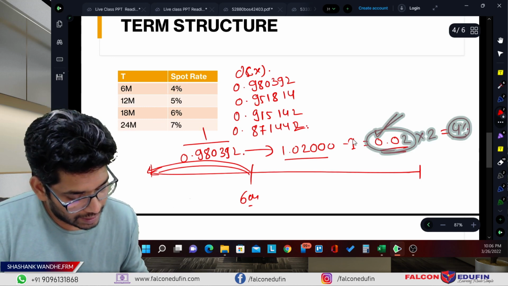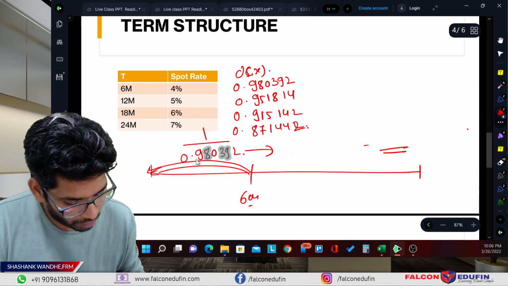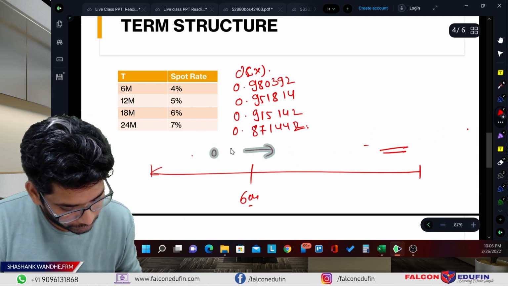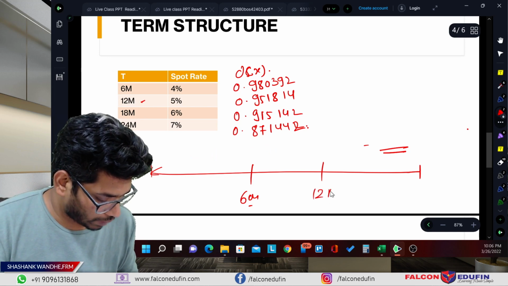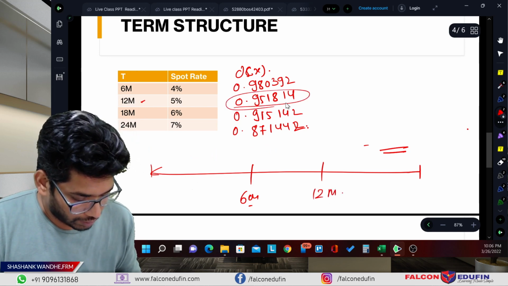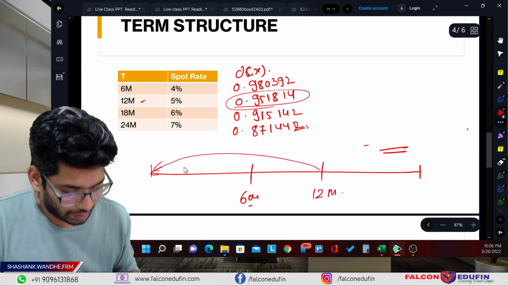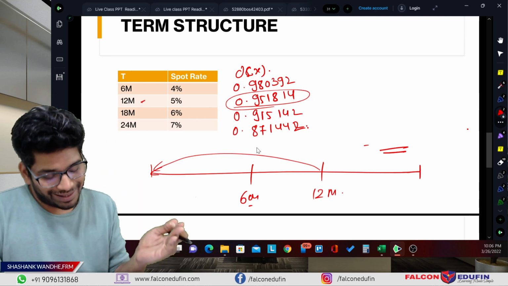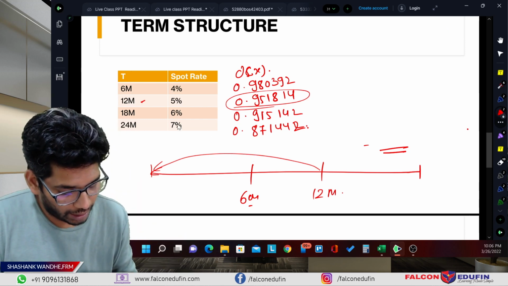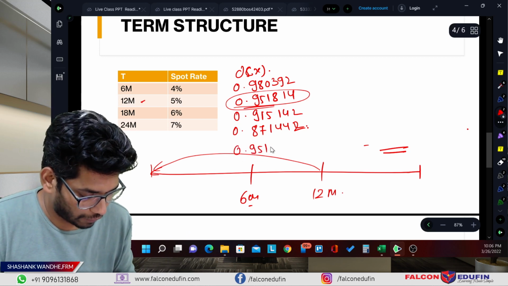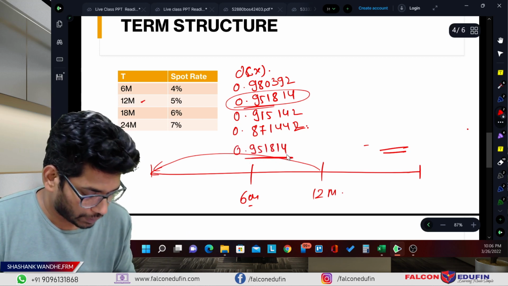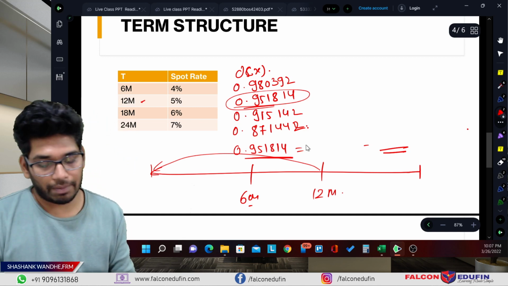Now we will use the discount factor of, say, second year or second period, 12 months. This discount factor is applicable like this. So we used discounting for this period and using this discount factor, which is 0.951814. Again, we will apply the same methodology here.